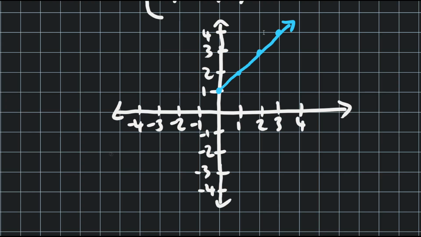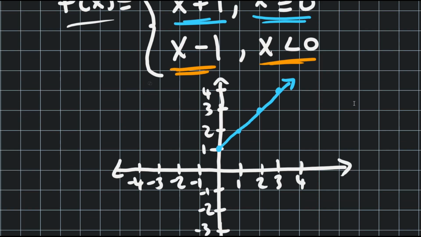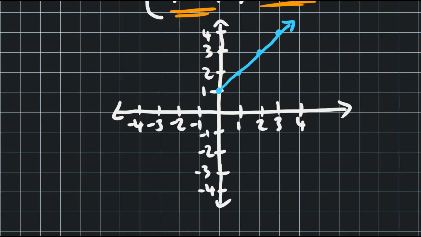Because for the negative x values, where x is less than 0, so these negative numbers right here, we are going to draw the formula x minus 1. We're going to go ahead and graph f of x equals x minus 1 for the negative values.